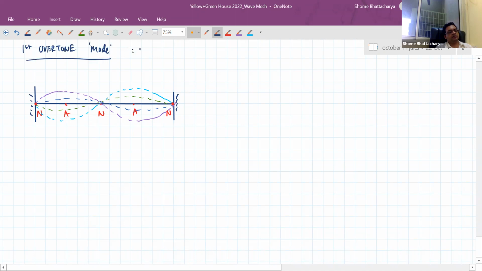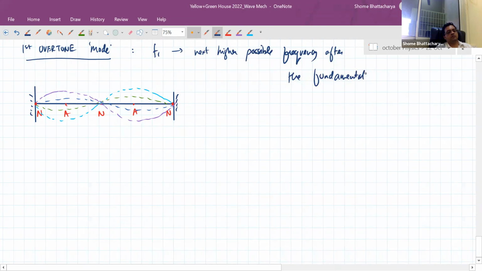So the first overtone has a frequency f1, the next higher possible frequency after the fundamental f0. That means the string cannot vibrate at a frequency between f0 and f1. If the fundamental frequency of vibration is f0, then the next possible frequency at which it can vibrate will be f1, which is the first overtone mode.